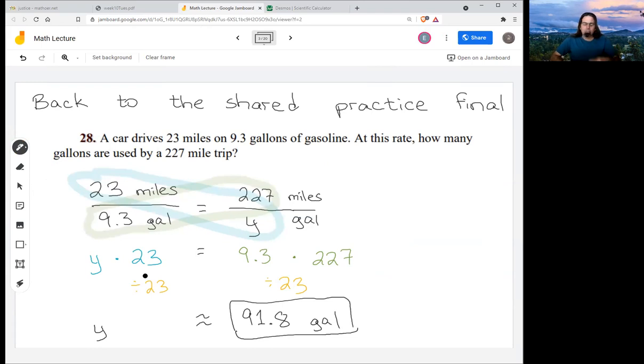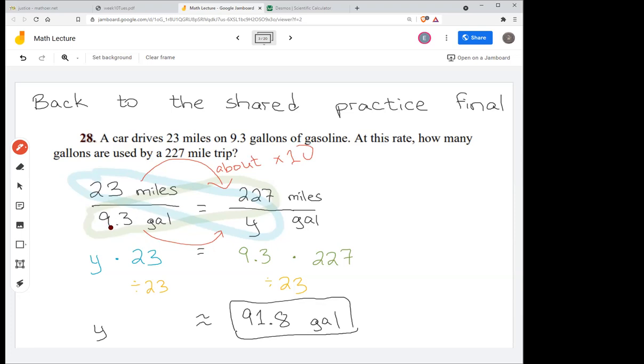Before we leave this, we should look at it and say, does that seem reasonable? Remember, we talked about scaling. Going from 23 to 227 is almost times 10. Right? 230 would be times 10. We're pretty close. Is this number also about times 10?